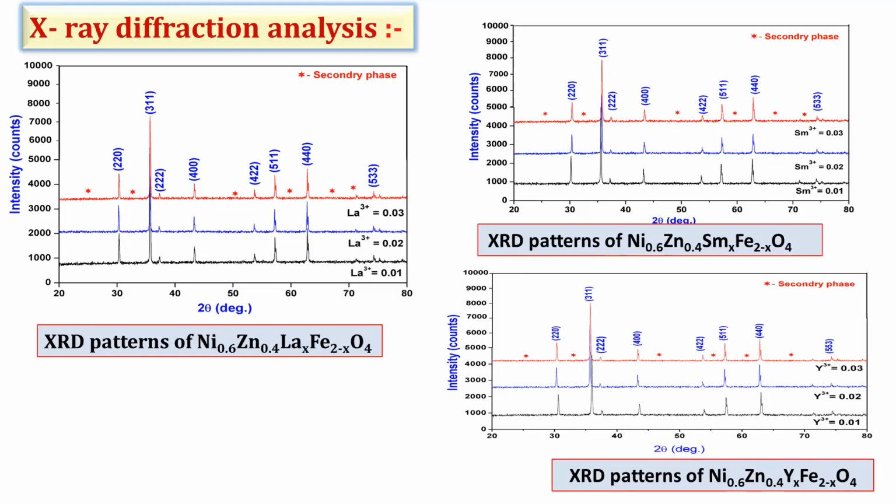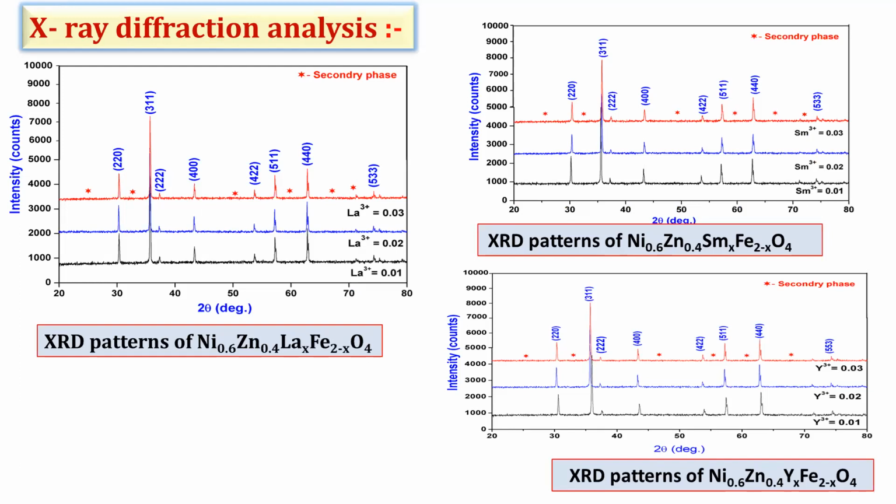Now this is the X-ray diffraction pattern. This is the X-ray diffraction pattern of lanthanum substituted nickel zinc ferrite. This is the pattern of samarium substituted nickel zinc ferrite, and this is the pattern of yttrium substituted nickel zinc ferrite.